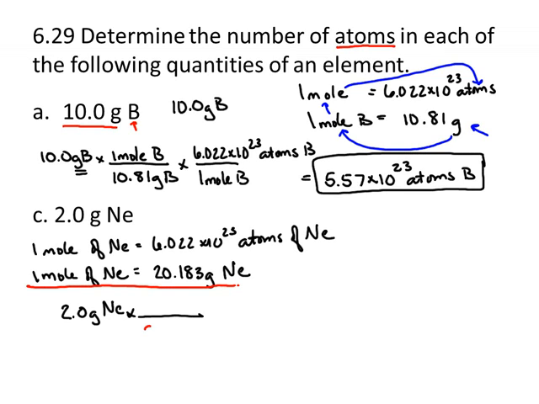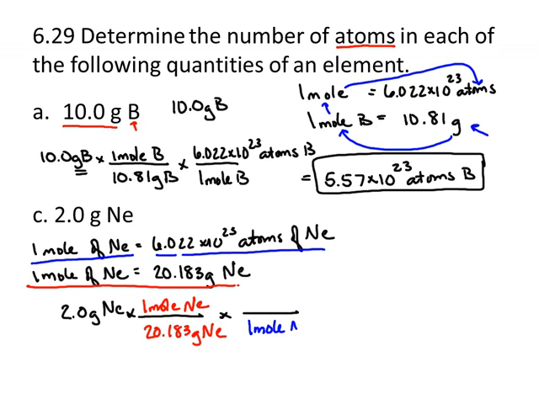So 20.183 grams neon to 1 mole neon, which gets rid of my grams. Then I see, hey, I'm in moles, and I have moles over here, and it will take me to atoms. So my next step is to convert from moles to atoms. So 1 mole of neon is equal to 6.022 times 10 to the 23rd atoms of neon.